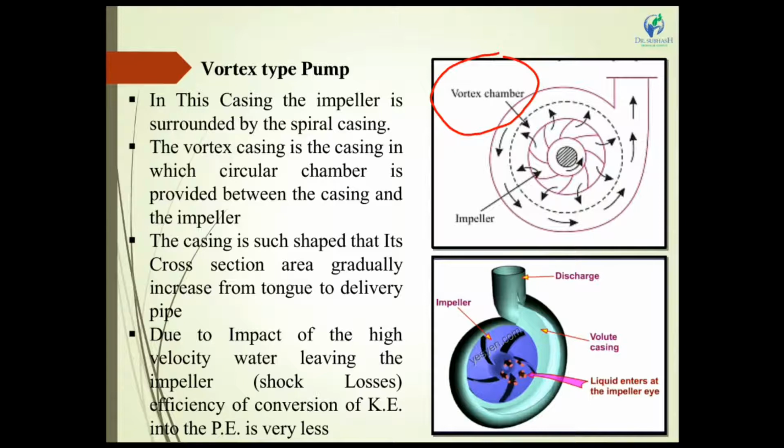In this casing, the impeller is surrounded by the spiral casing. This is the spiral casing. The vortex casing is the casing in which a circular chamber is provided between the casing and the impeller. This circular chamber is what we call the vortex chamber.